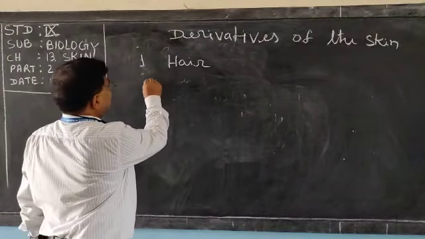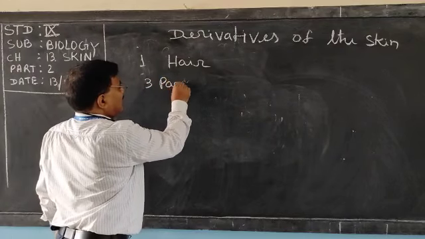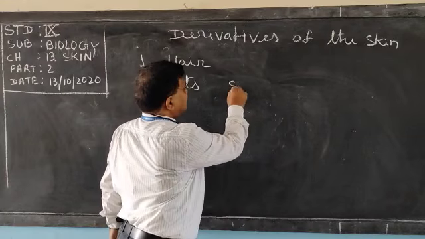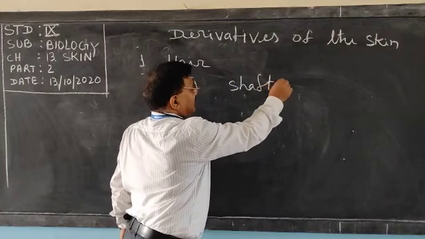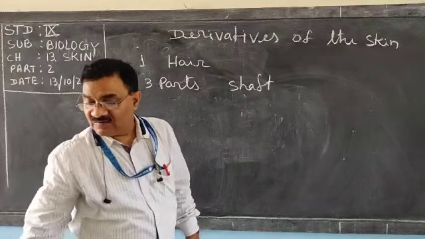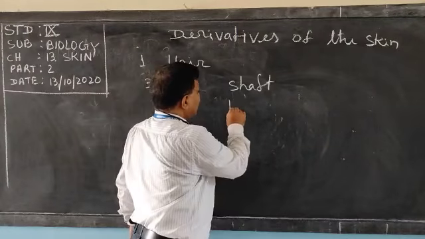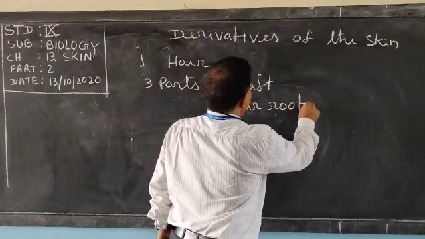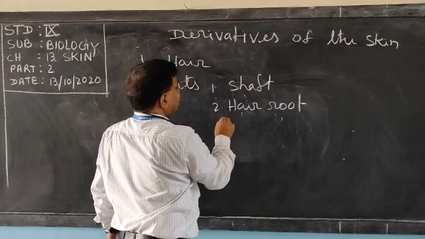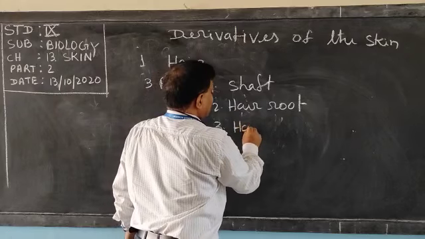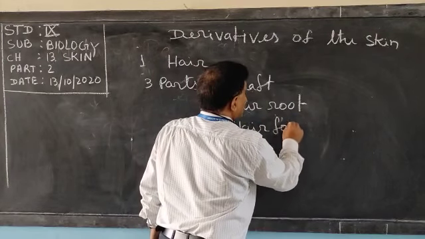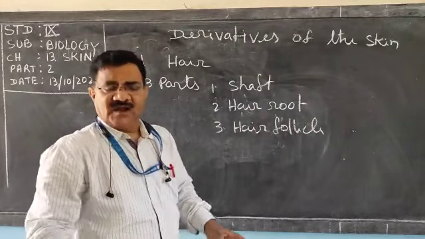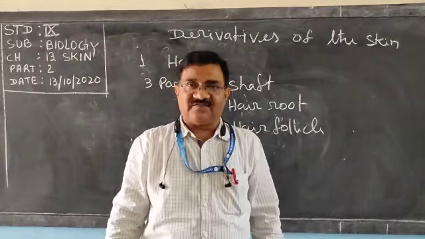Hair has 3 parts: shaft, root, and hair follicle. We will discuss all these parts in detail.